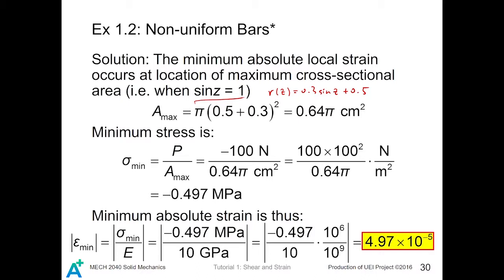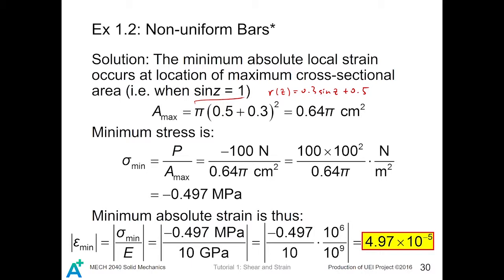Therefore, the maximum cross-sectional area will become pi times 0.8 squared equals 0.64 pi cm squared. Notice that the minimum stress is still compressive, it is negative, but we can observe there is a change in cross-sectional area, right? So the minimum stress is compressive 0.497 megapascal.